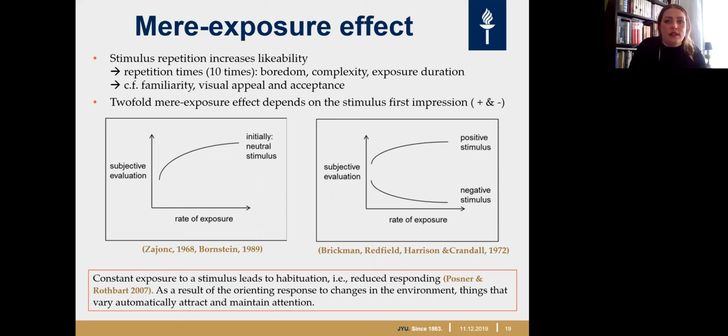Mere exposure effect refers to the stimulus repetition increase likability. So its simplest forms, that just exposing some stimulus increases its likability. It usually holds for repetition of 10 times. After that, it can lead to boredom. And it's dependent on the exposure duration, of course, and also in terms of complexity.